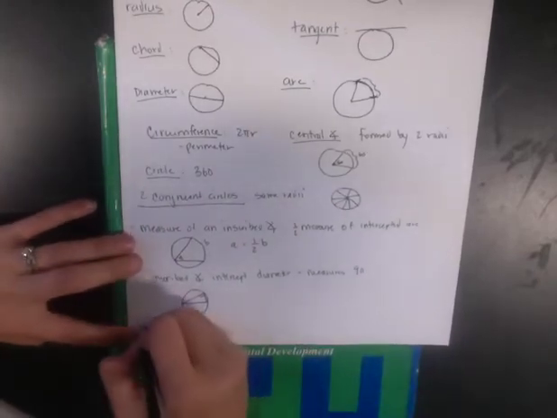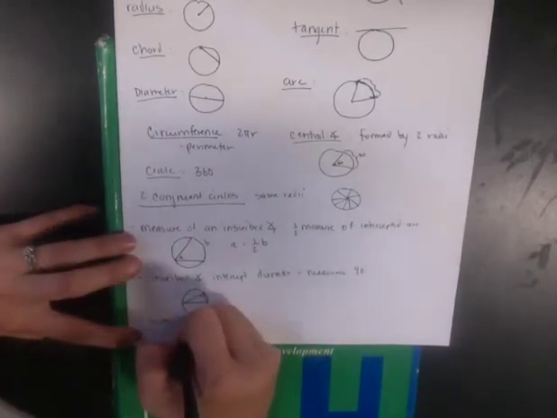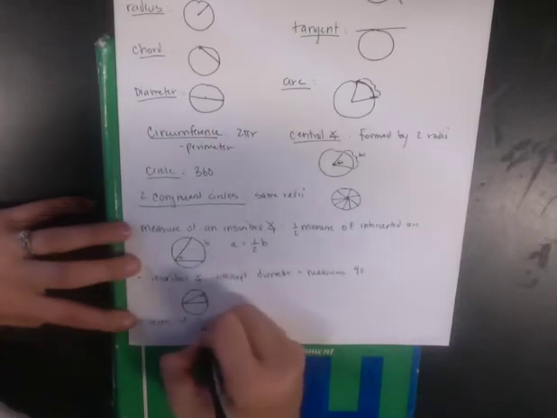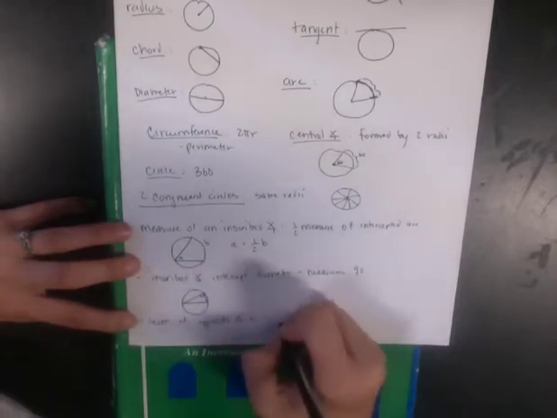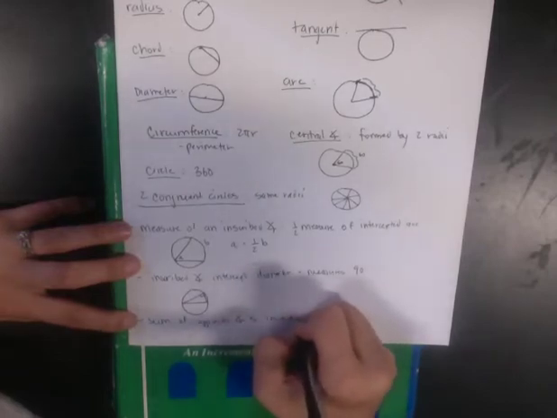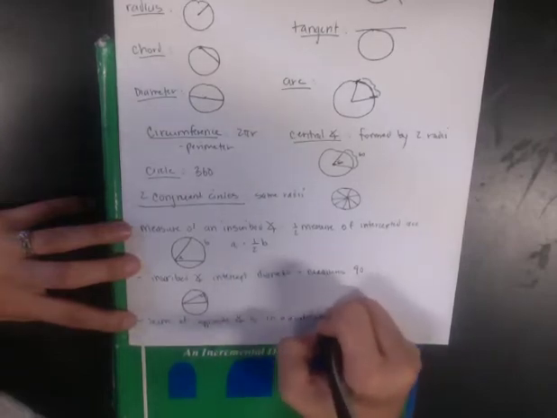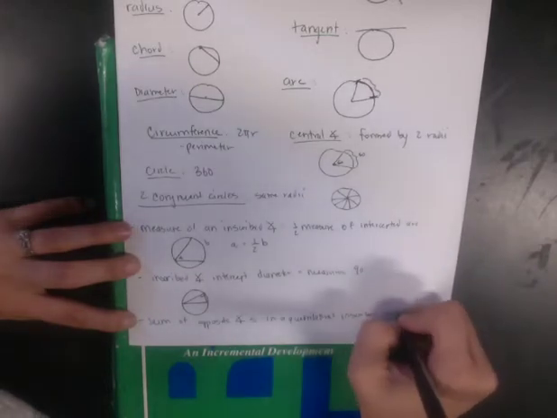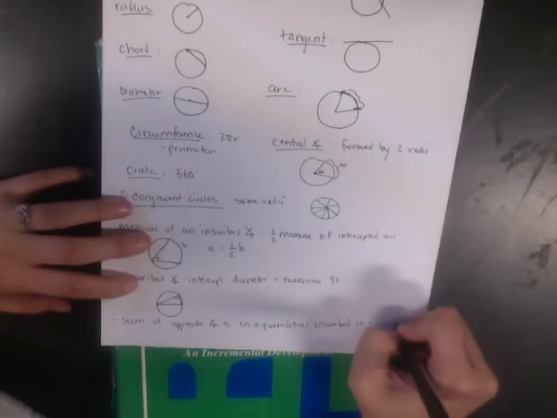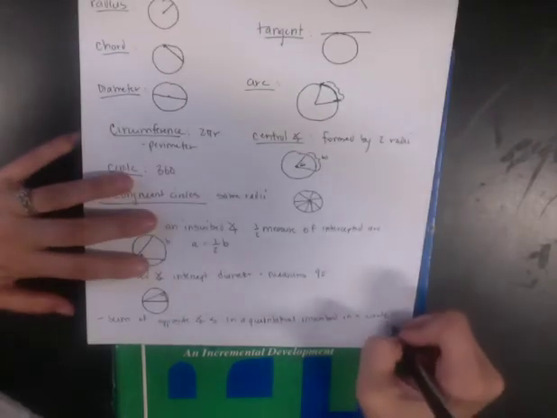Okay, and one more, the sum of opposite angles in a quadrilateral inscribed in a circle equal 180.